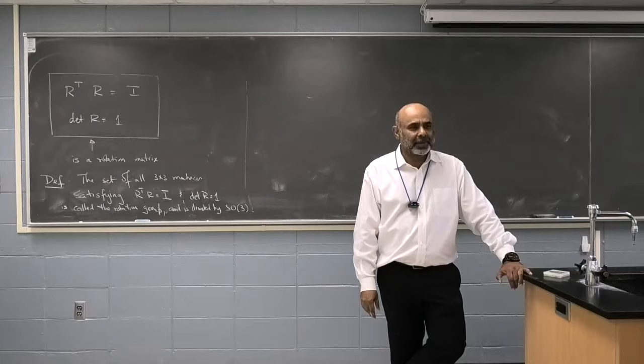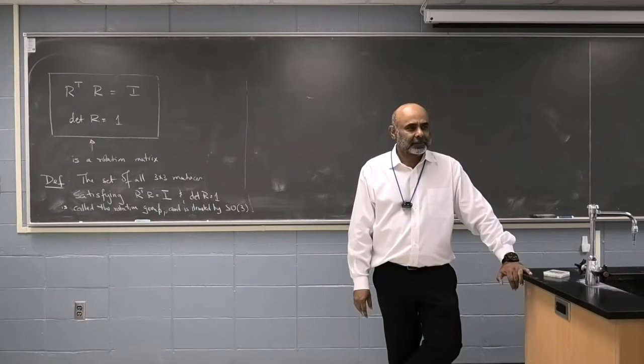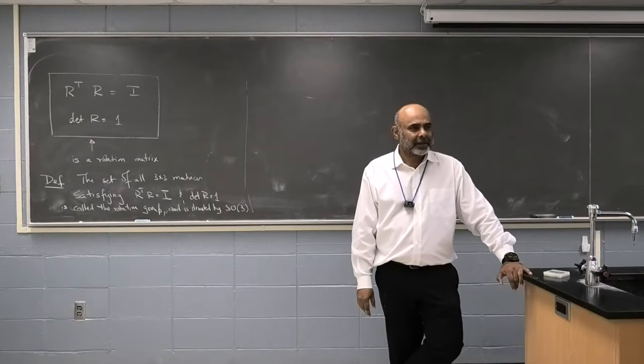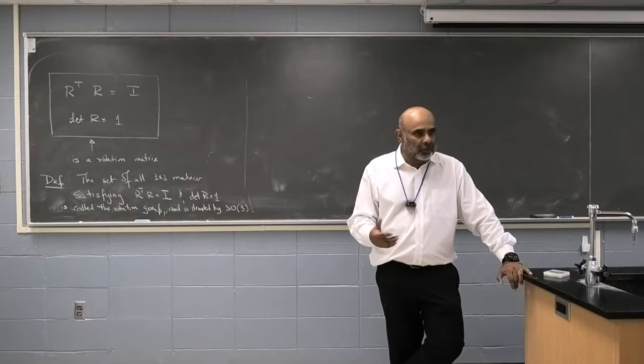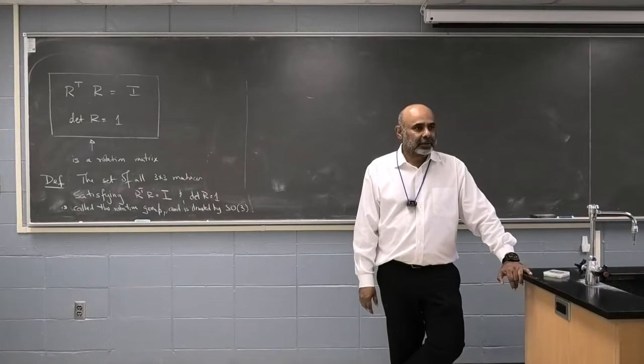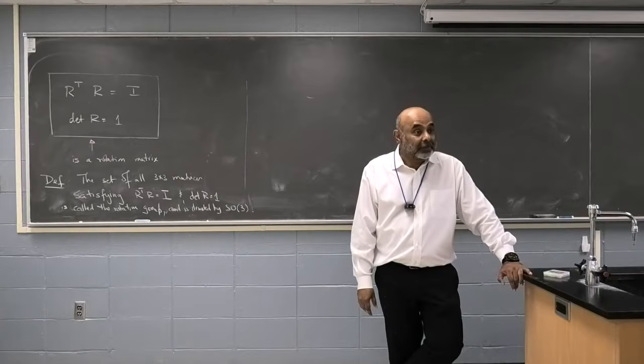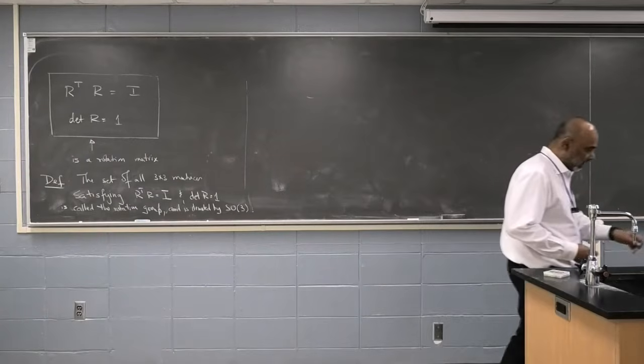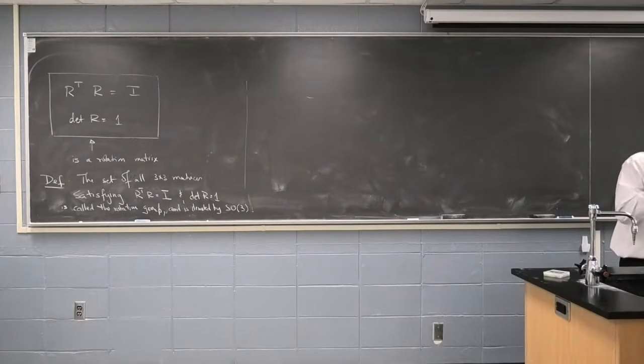What is a group in mathematics? There must be a group operation. There must be an inverse. So let me clarify all the properties of what it means to be a group, because it's important to us.